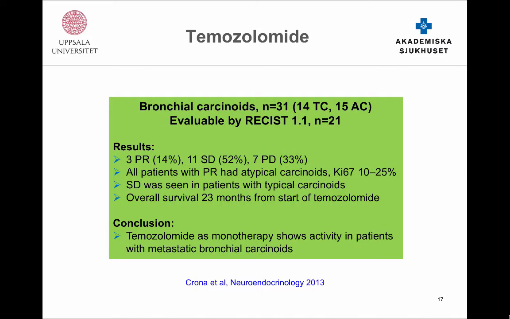All the partial remissions were seen in atypical carcinoids. That further shows you that the best responses with chemo are seen in patients with aggressive tumors, high proliferation. So if you have a tumor with very low proliferation, 2 to 3, 4, 5%, you should not go for chemo in the first line.